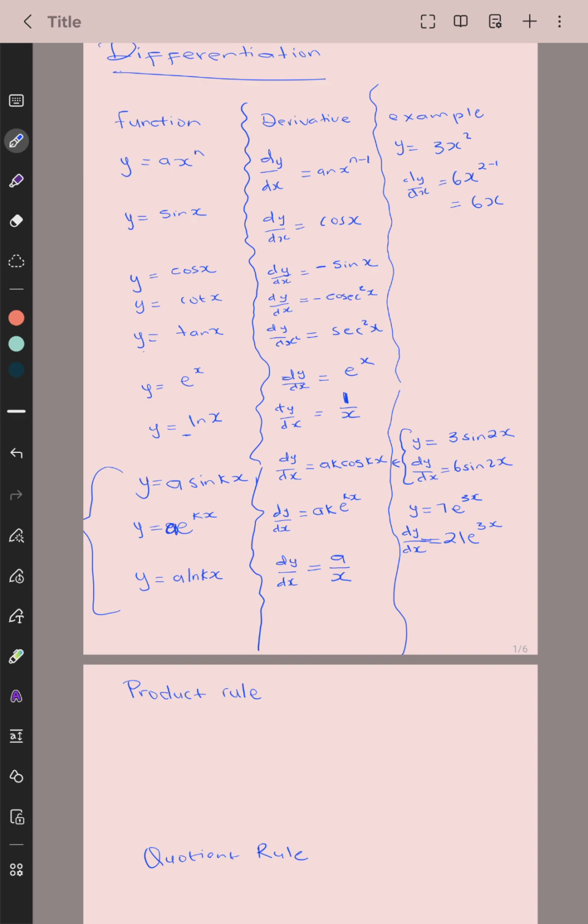All right, now with ln, let's have y equals 6 ln 3x. I'm loving my 3x, I guess. Then what is my dy/dx? It will simply be 6 over x. The 3 does not make a difference.